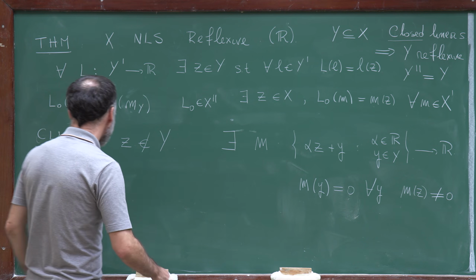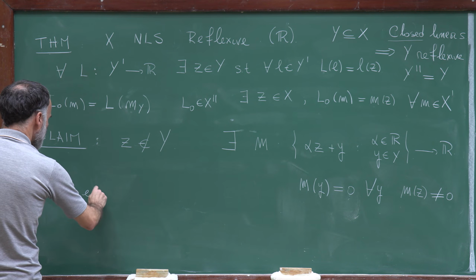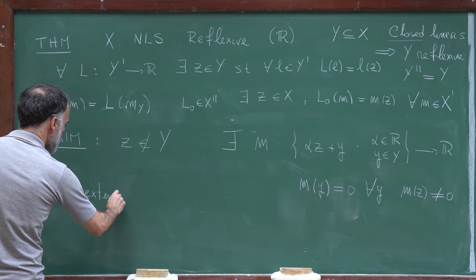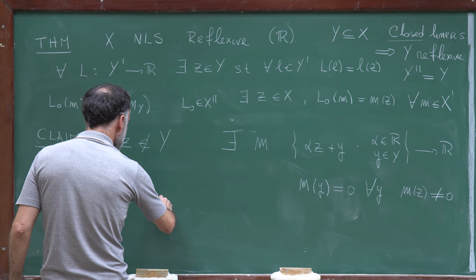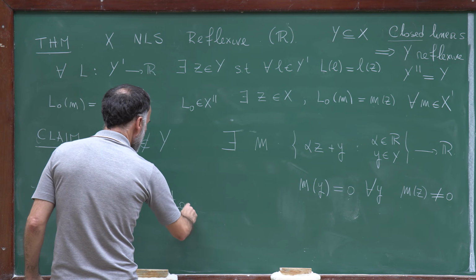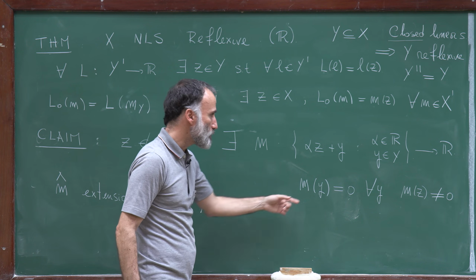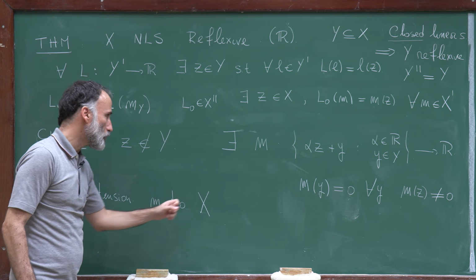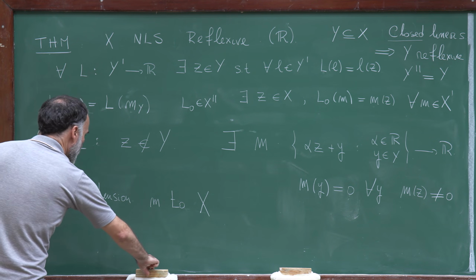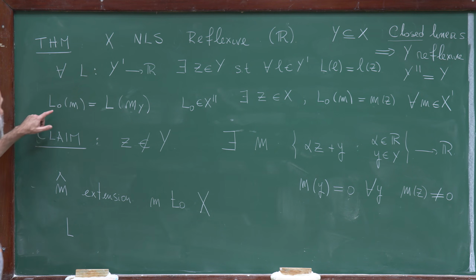And now let's see what we have. Well, let me call M hat an extension of M to X. So here M is defined on a subspace of X. Well, let's use Hahn-Banach to obtain an extension of M to X. On the one hand, now let's apply L0.